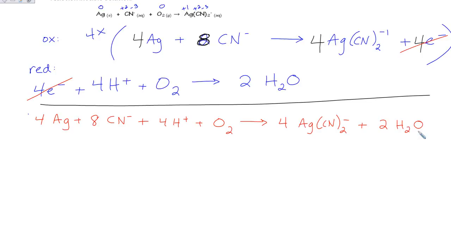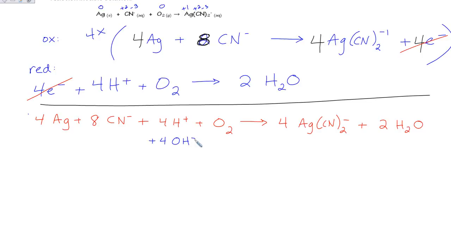If it reacted with hydrogen, we would form water. So here's what we do. We look for hydrogen ions. Bingo. There are 4 hydrogen ions on the reactant side. We're going to add 4 hydroxide. We're going to add them to both sides of the equation.